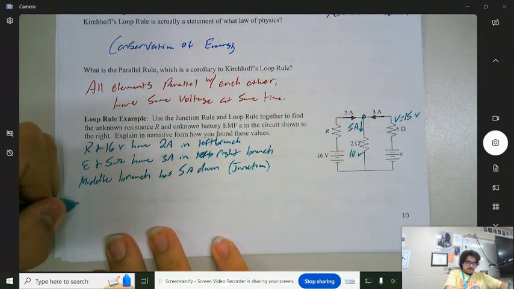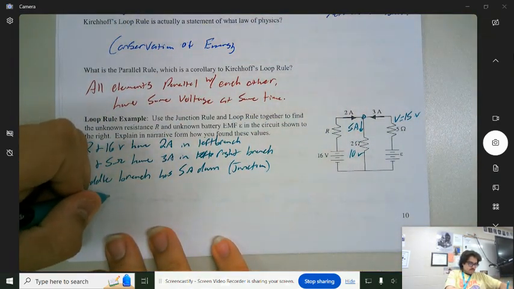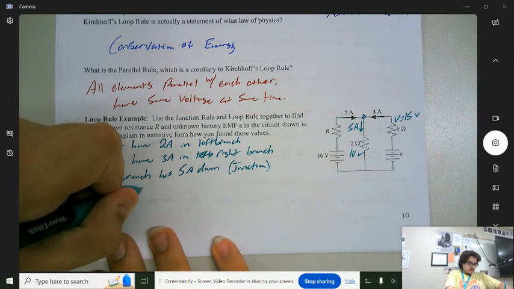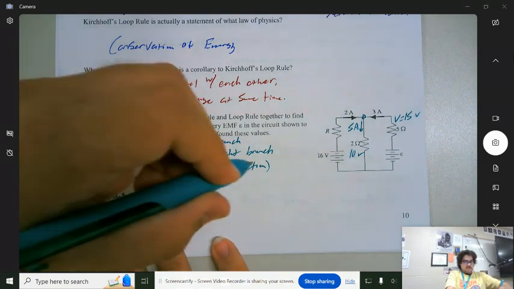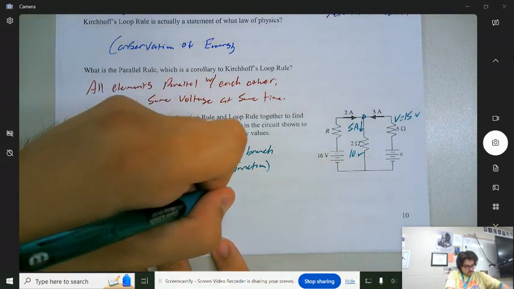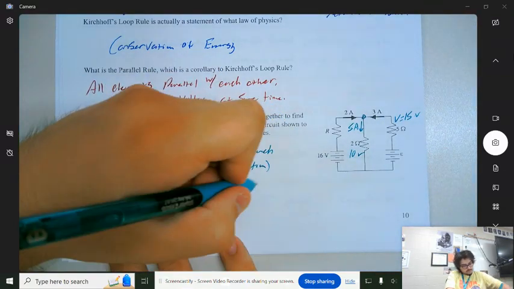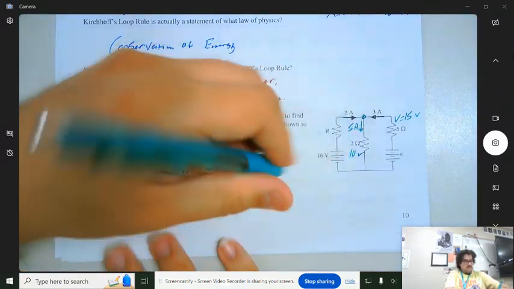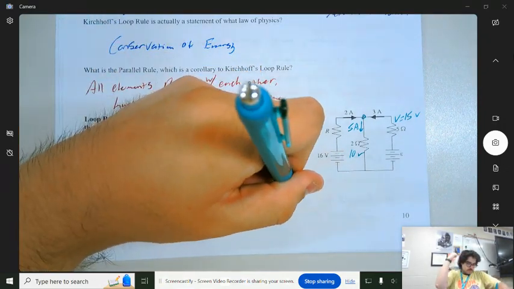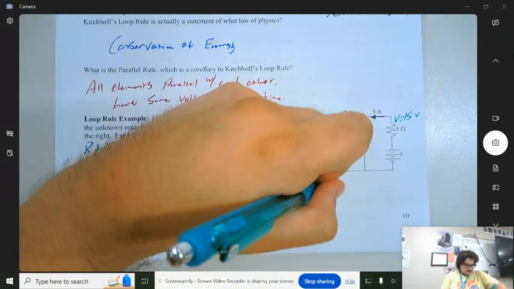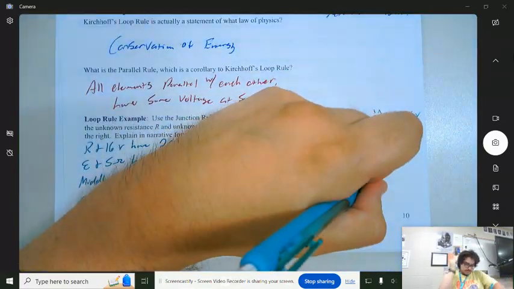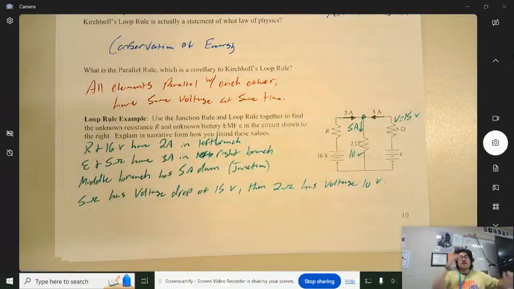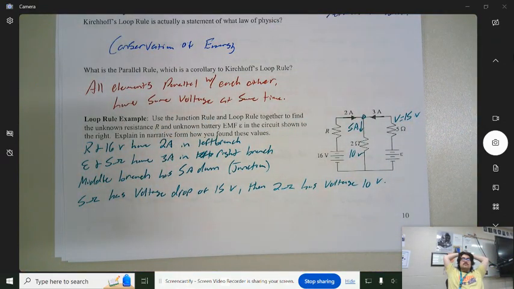So the 5 ohm resistor has a voltage drop of 15 volts. Then the 2 ohm resistor has a voltage drop of 10. Now, when we say voltage, we mean voltage drop, right? So we're losing that much energy every single time we pass one of those resistors.